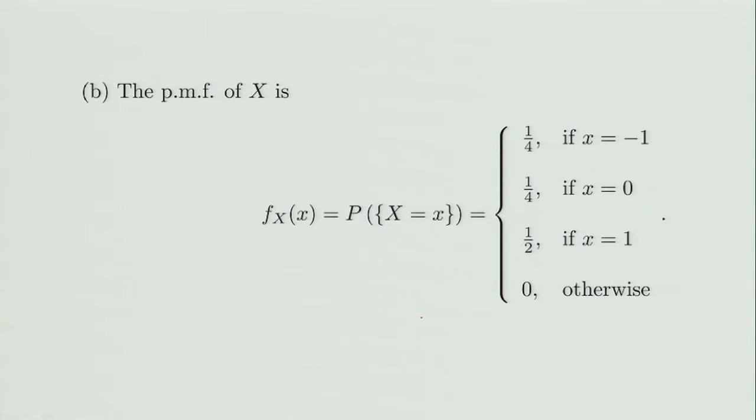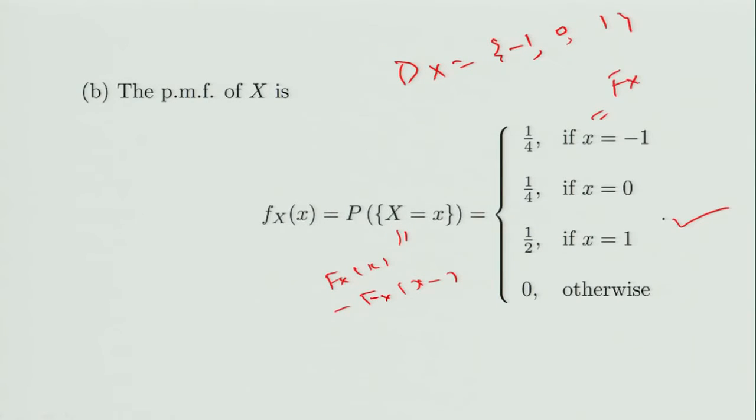So PMF of X we have already found, because D_X is minus 1, 0, 1. Probability X equal to x is same as F_X(x) minus F_X(x minus). For example, when I look at x equal to minus 1, so this would be same as F_X(minus 1) minus F_X(minus 1 minus).